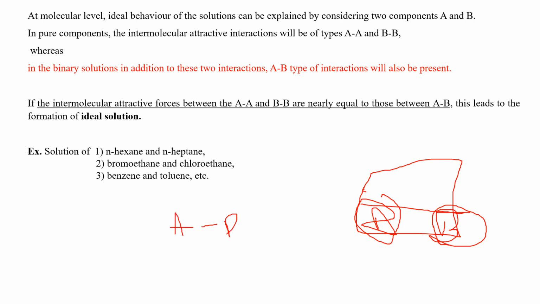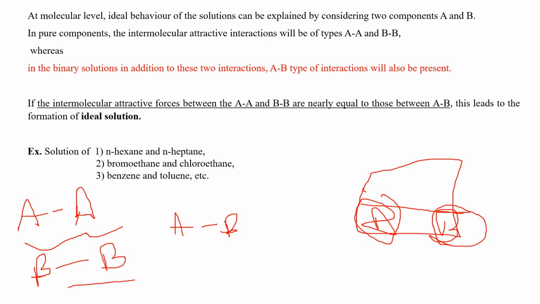If we are talking about pure liquid A, the interaction will be between the molecules of A, so the interaction is AA type. If we are talking about component B, then the interaction will be BB type.